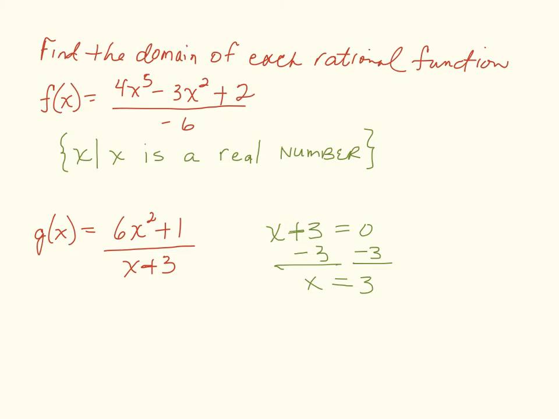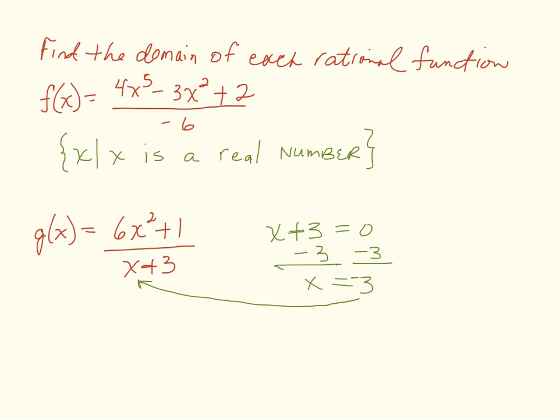Nope, negative 3. My bad. Negative 3 is the only number that you can plug in for x. If you put a negative 3 there, then you have negative 3 plus 3, which equals 0. Any other number you put in there for x is not going to create a 0. The only number that's going to create an undefined expression is negative 3.